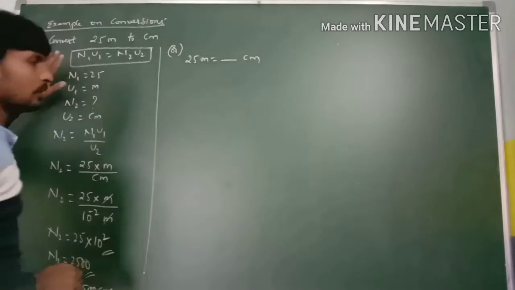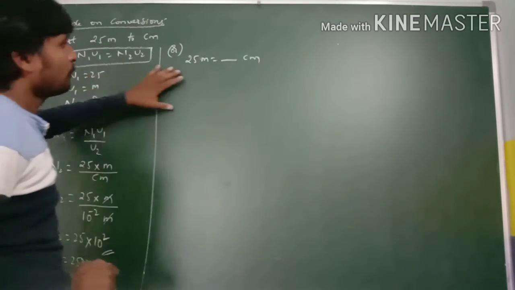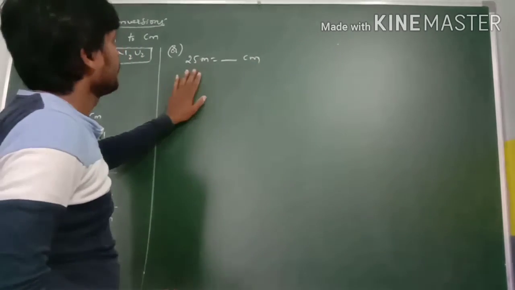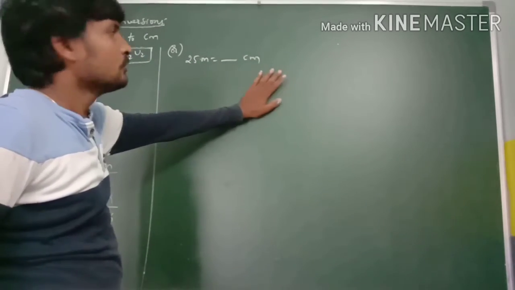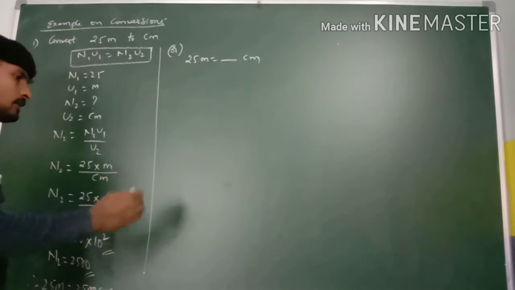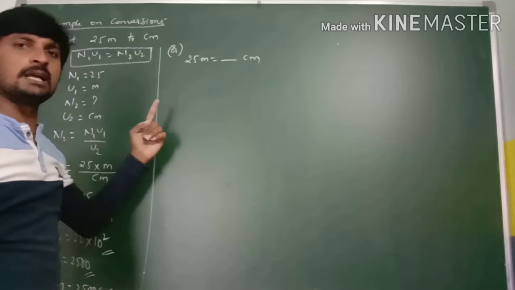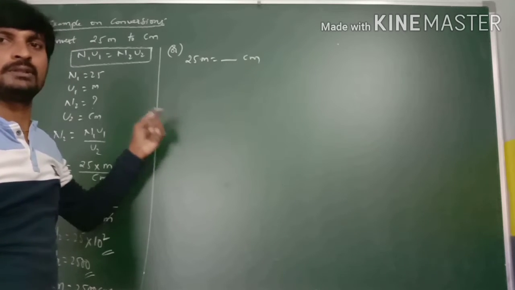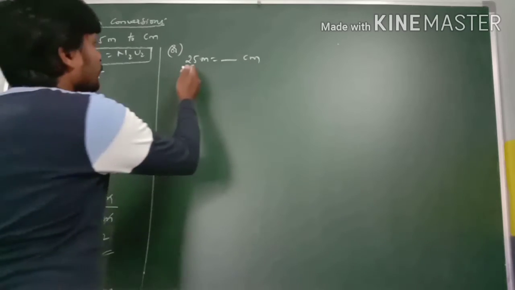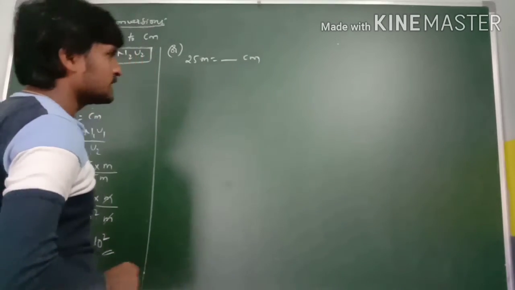Another method is left hand value, right hand value. In both methods we must remember the multiples and submultiples table. Without that table we cannot do anything.